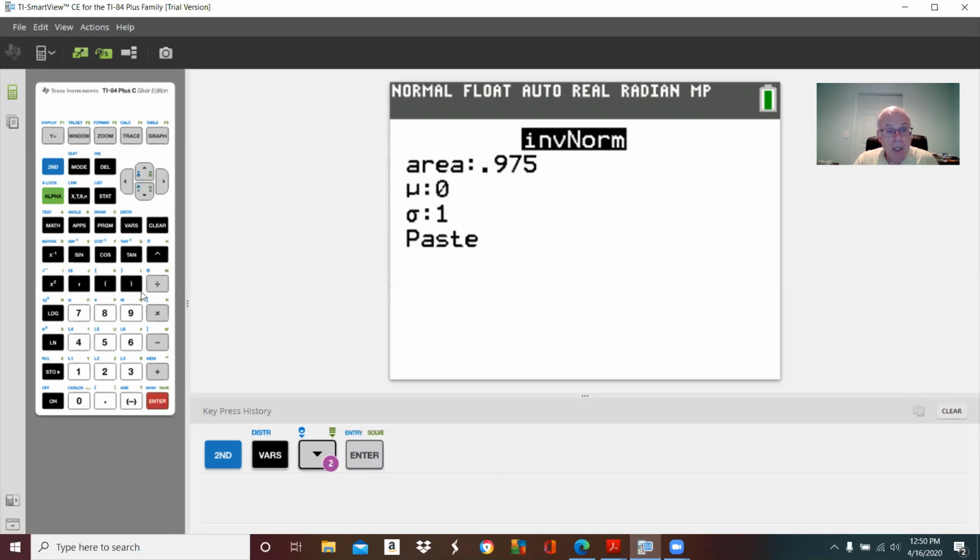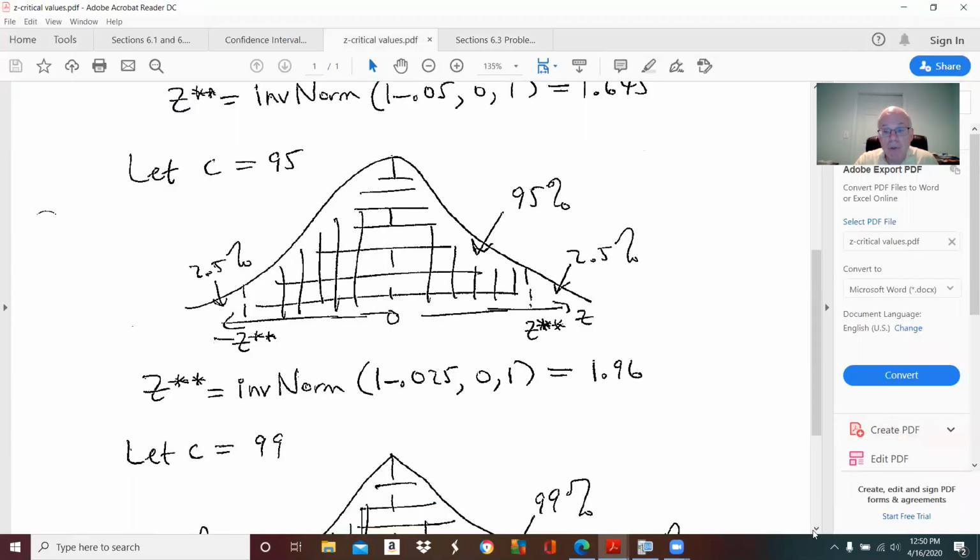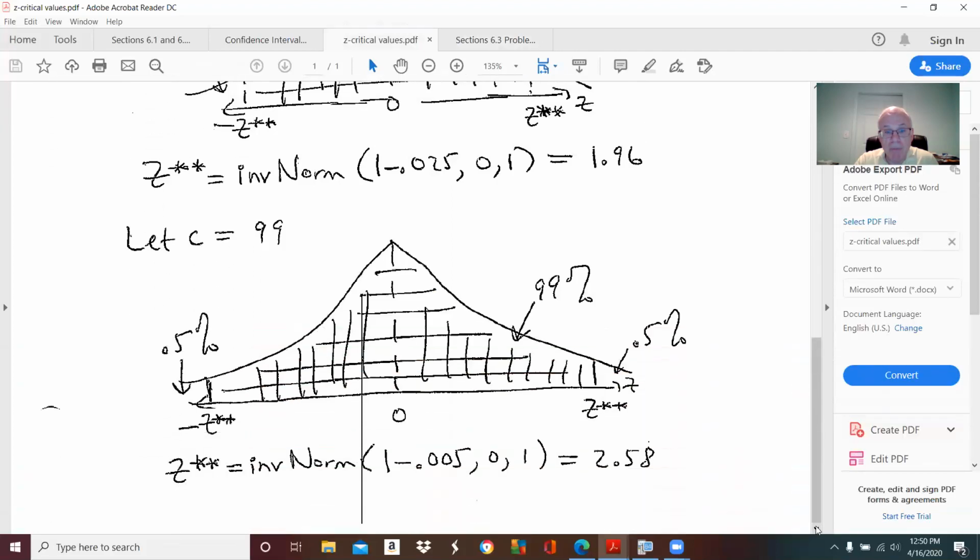Now, what do you think I'm going to use for the area to the left if it's a 99% confidence interval? Let's go again to those drawings here. Let's scroll down to the 99% one. Well, if the middle area is 99%, that means we have 1% remaining, half of it to the left, that's half of a percent, and a half of a percent on the right.